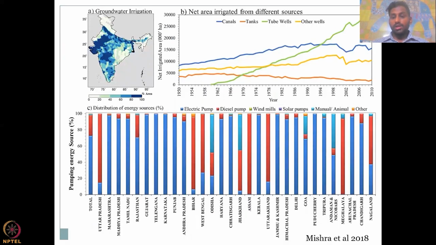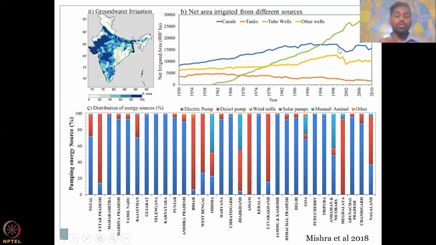Another study by Mishra et al. compared that the area that came under different types of irrigation has changed dramatically from the 1950s to 2010. It clearly documents that the number of tube wells has increased and replaced the canal irrigation, which is a surface irrigation, and the tank irrigation, which is also a surface irrigation, given in the orange line.